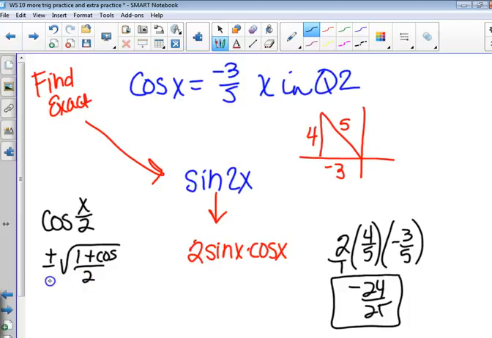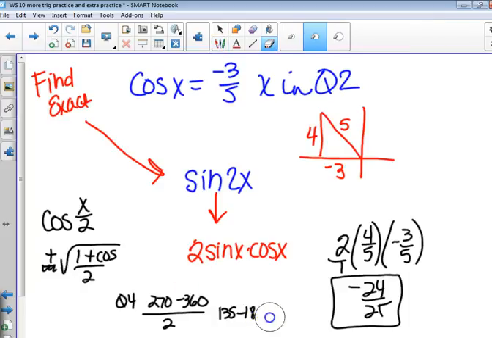And a quadrant 1 angle's cosine would always be positive. Okay? If it was, say, in quadrant 4 originally, you'd say, well, I'm between 270 and 360. If I cut those in half, I get 135 and 180, which is quadrant 2. And cosine in quadrant 2 is negative. Okay? You really have to think about what you're cutting in half.